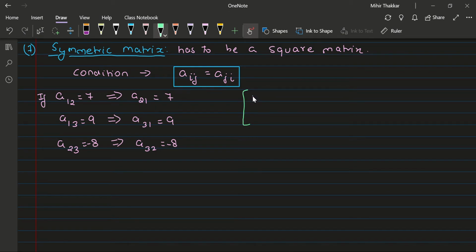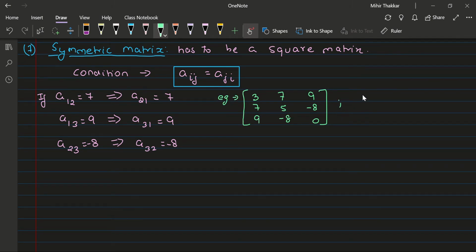Suppose I take 3, 5 and 0 over here, there is no condition on the diagonal elements. Diagonal elements can be anything. If I take A12 as 7, then you can see over here A21 is also 7. If A13 is equal to 9, that is this position, then A31 must also be equal to 9. If A23 is negative 8, then A32 should also be equal to negative 8. A very simple example over here, guys.